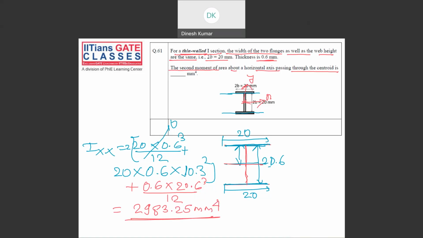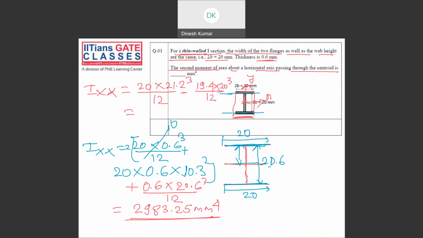If you don't do the thin wall assumption, then we can also find it directly considering thick wall. Your inertia Ix can be found like this: the outer inertia of the complete section, where the width is 20 and the total height is 21.2, so 20 into 21.2 cube by 12, minus the inner part, where the width is 19.4 and the height is 20, so 19.4 into 20 cube by 12.